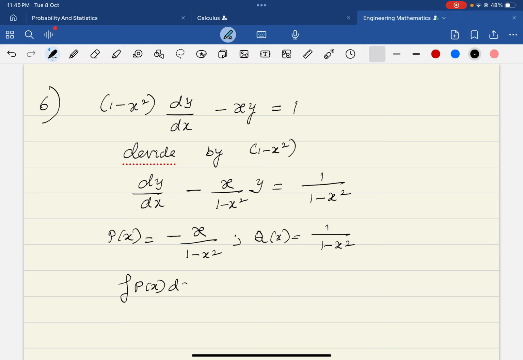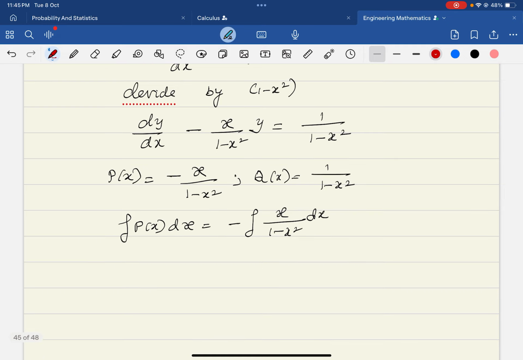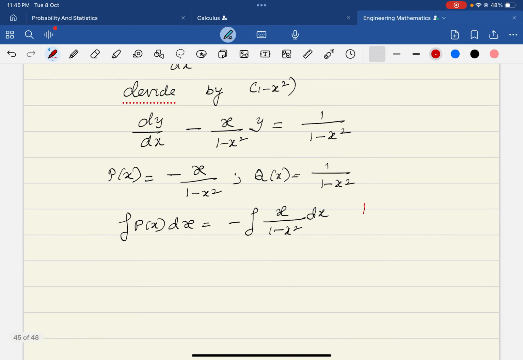So what is the integral of p of x? The integral of p of x dx is, taking minus outside, the integral of x over 1 minus x square dx. Whenever x is there and 1 minus x square is there, you can take the substitution t as 1 minus x square. So the derivative of x square, minus 2x dx, is dt.